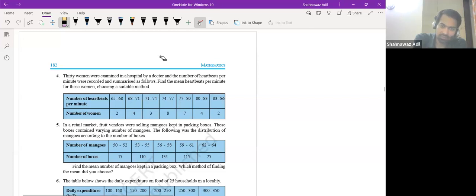What is the average heartbeat, guys? In a normal human, what is the average heartbeat per minute? That is around 71 to 74, right? Yes.